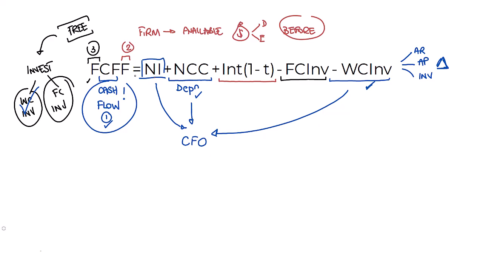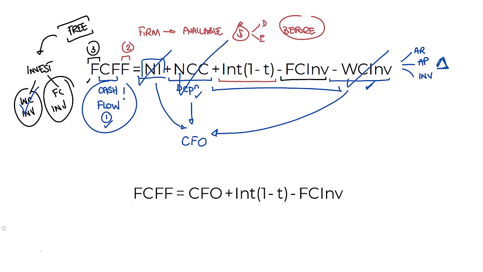If we start with CFO, we've taken net income, we've adjusted for working capital, and we've adjusted for non-cash charges. So you're almost there. All you need to do is add back interest into 1 minus t and knock off fixed capital investment. And you have free cash flow to the firm. That is a much quicker way of doing it.